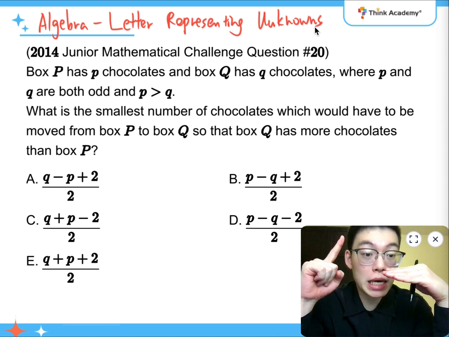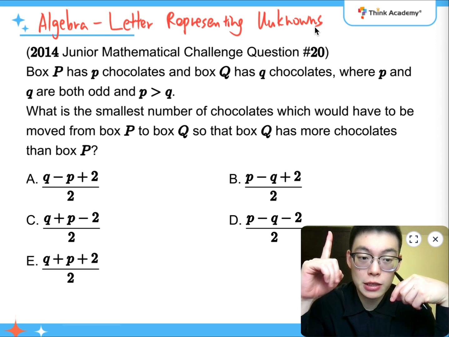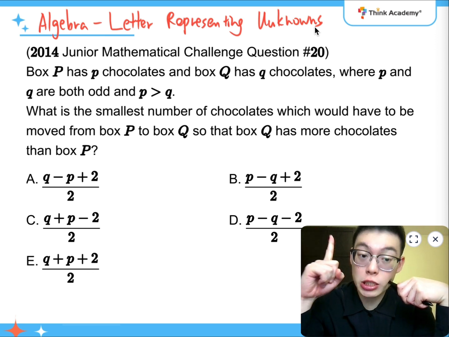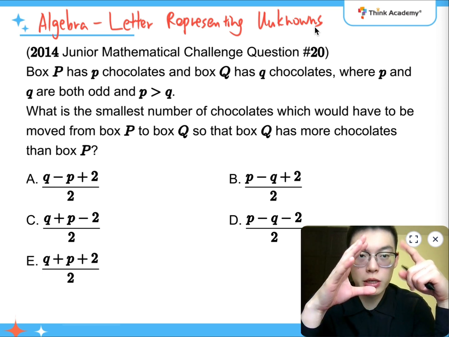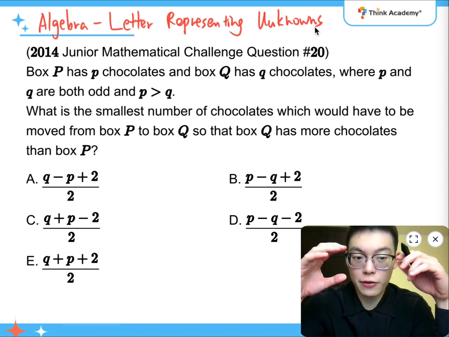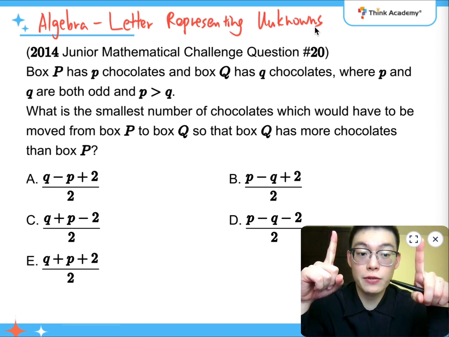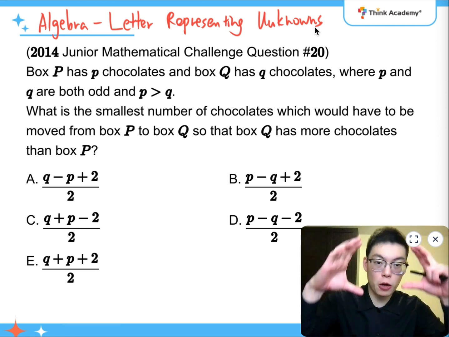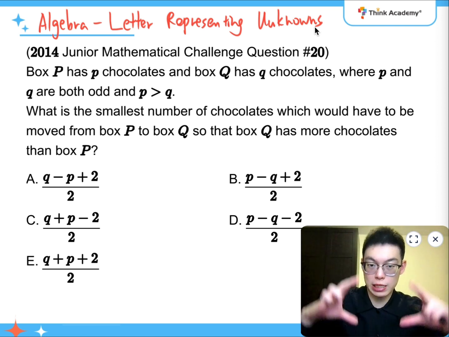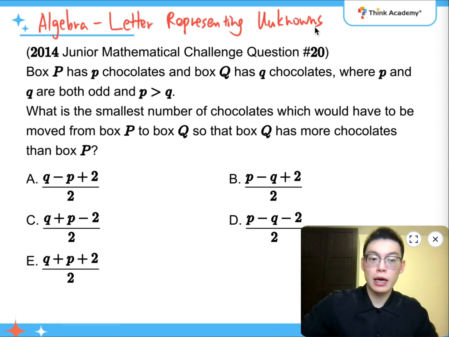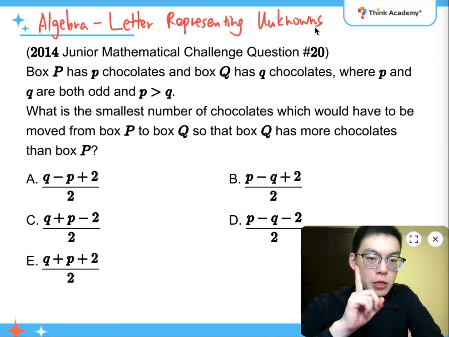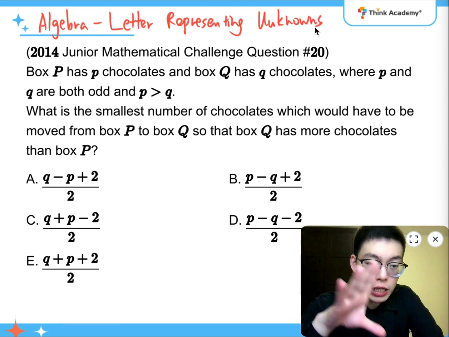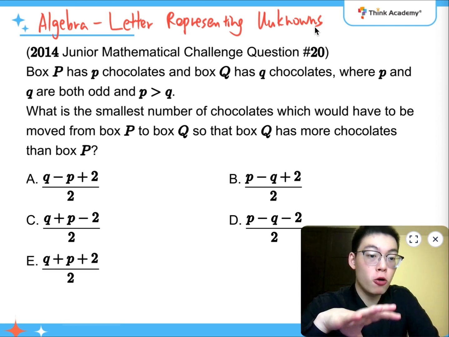So box P just need to move half the difference of chocolates to box Q to make them the same, right? For example, like 7 to 5, you just need to move 1 chocolate to make both boxes the same, which is like 6 chocolates in both.